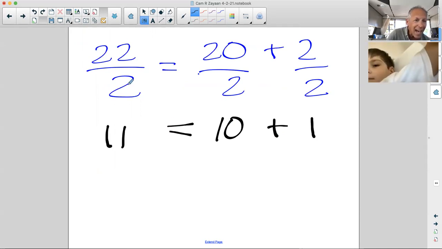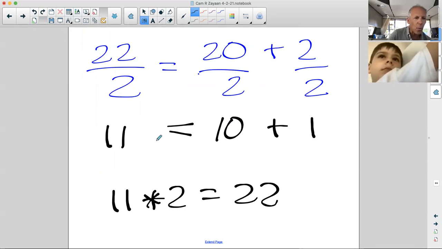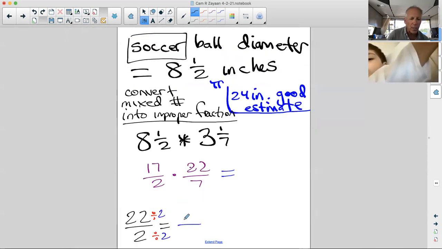Of course, that's half of 22. And you know that 11 times 2 is 22. That's another way to think of what's half of 22. So of course, 11. What's half of 2?